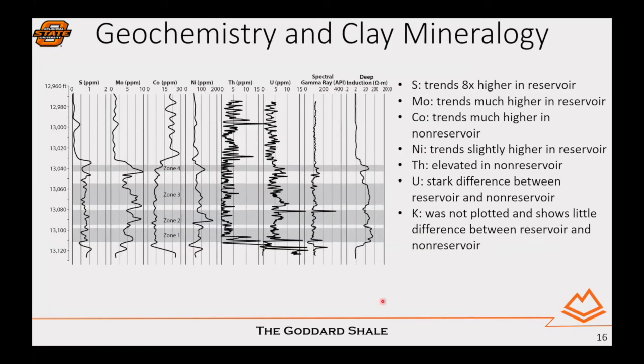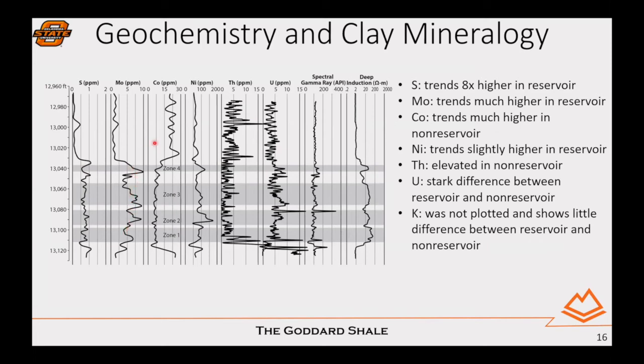Okay, so here is geochem data, and I plotted selected elements against the spectral gamma curve and the resistivity log. You can see sulfur is trending about 8 times higher in the reservoir than in non-reservoir strata. Molybdenum is trending quite a bit higher in the reservoir strata.